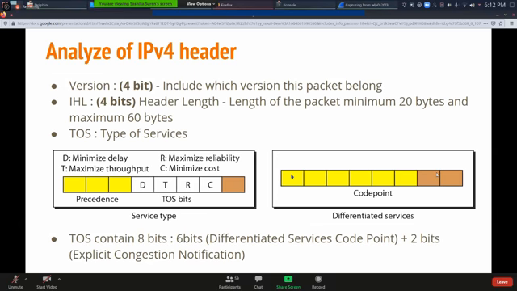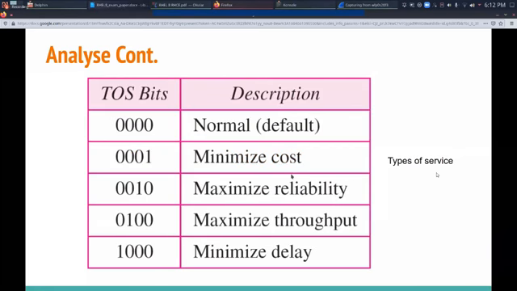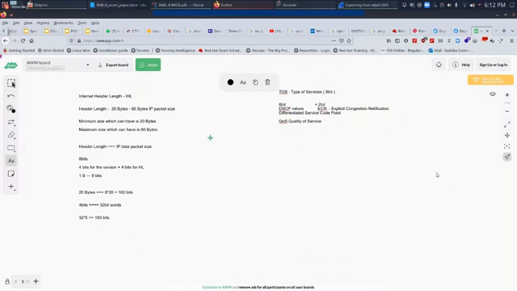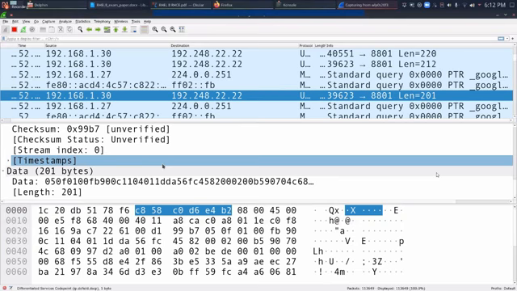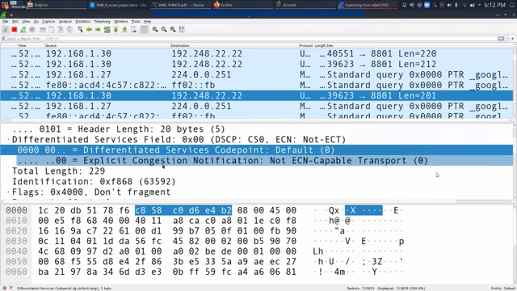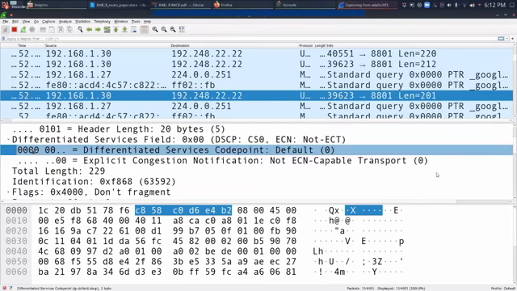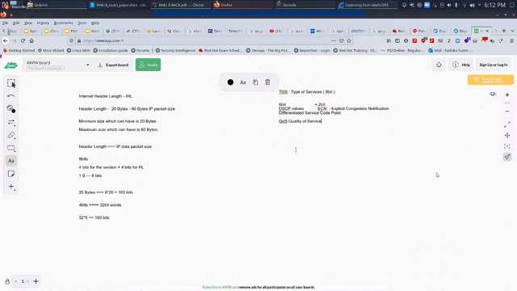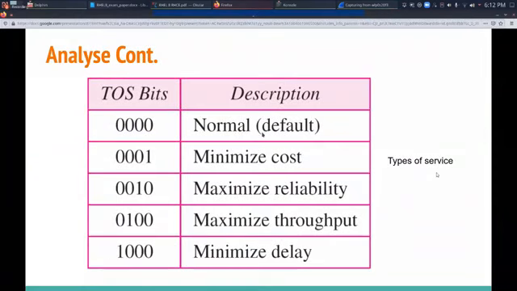Okay, guys. Continuation of the same thing, that is the ToS bits. If you see the normal default options in the type of service, it should be all zeros. All four bits are set to zeros. That is the default one, the normal one, with no quality of service enabled in this particular IPv4 header.